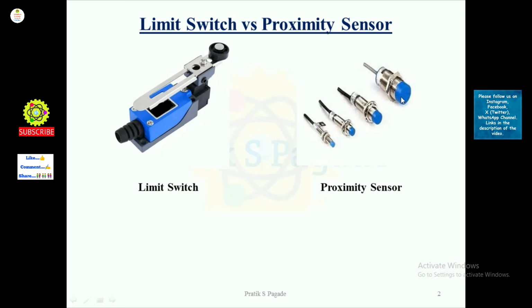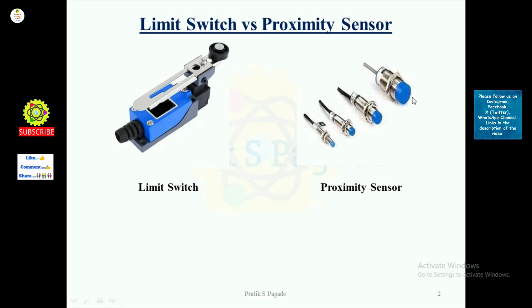Suppose for example, this is an M12 proximity sensor, then its sensing range will be 8 to 10 mm. It may vary, depending on the proximity sensor.